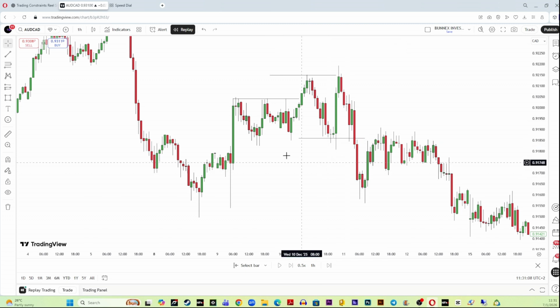So to label all what I've just mentioned, I would say we had a liquidity sweep. Then from that liquidity sweep, we had a break of structure, which actually led to our market structure shift. And then after that break of structure, we had the fair value gap, which is this particular point.